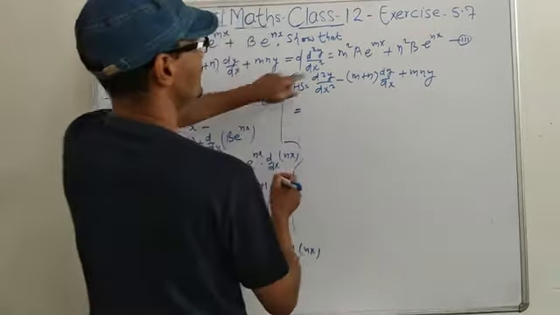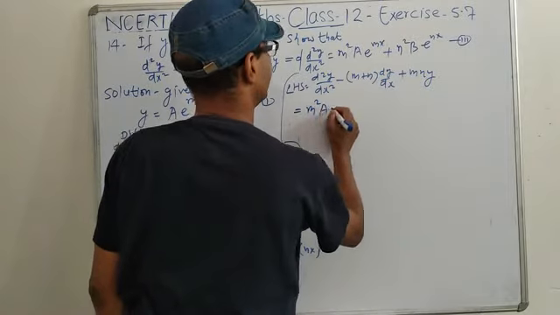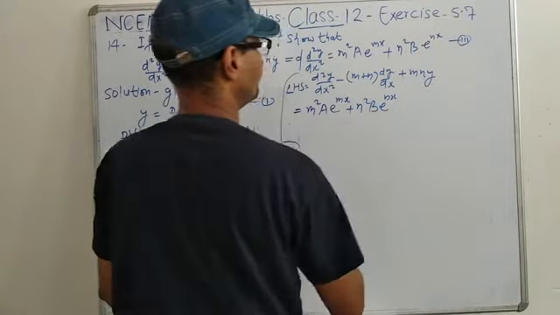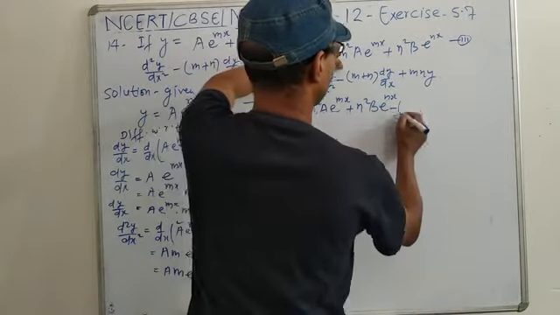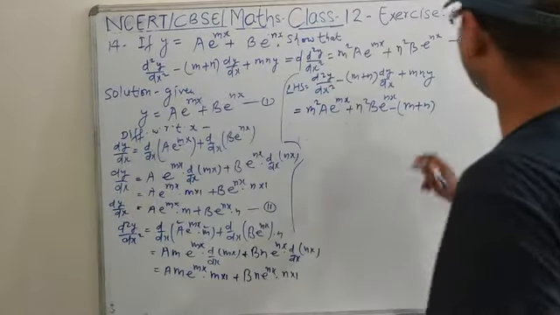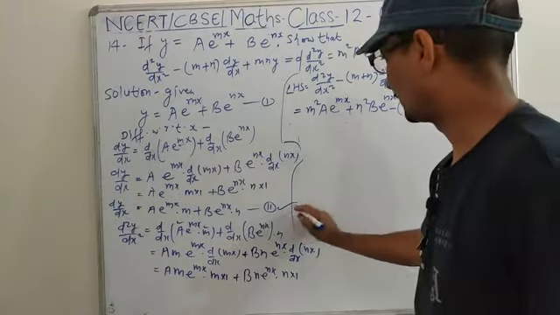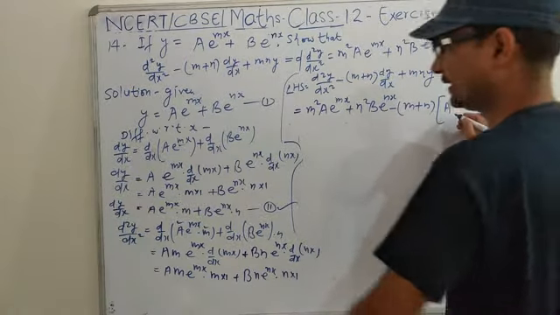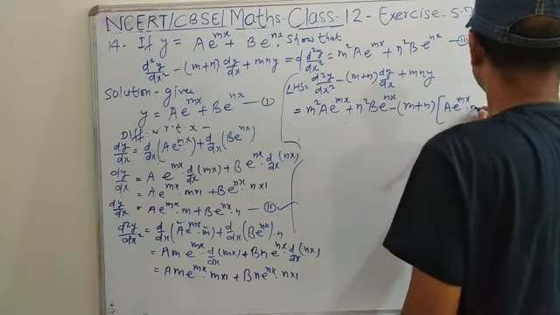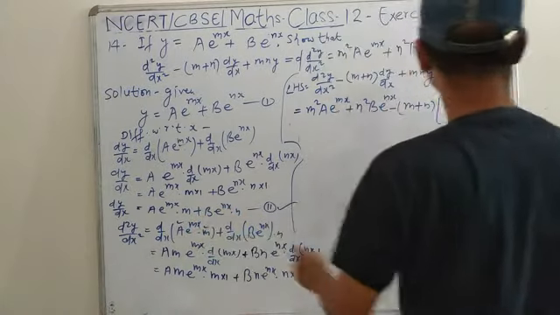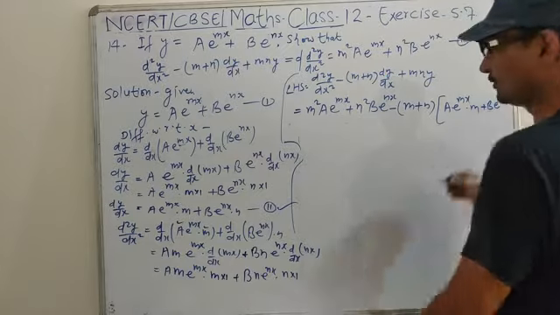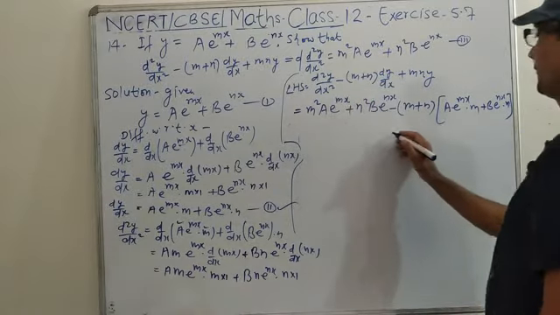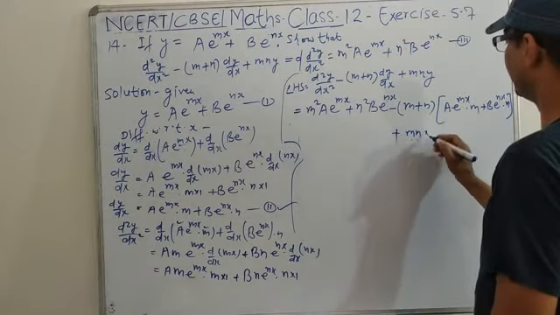So d2y by dx square is m square a e power mx plus n square b e to the power nx, minus (m plus n) and dy by dx from equation number 2, a e power mx into m plus b e to the power nx into n, the (m plus n) being finished, dy by dx, plus mn into y.